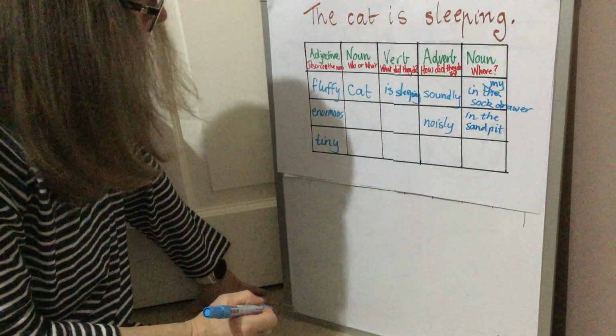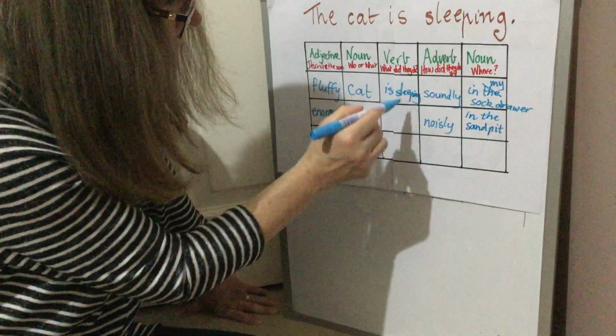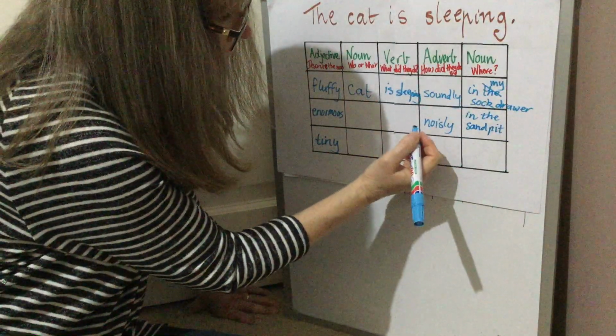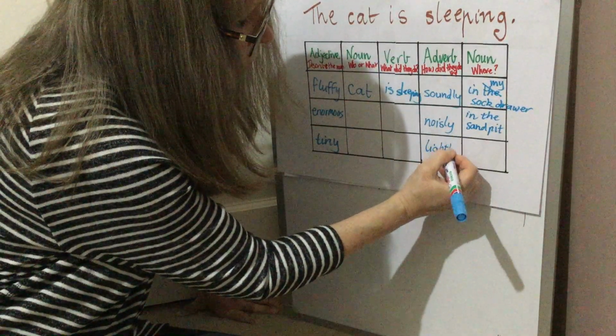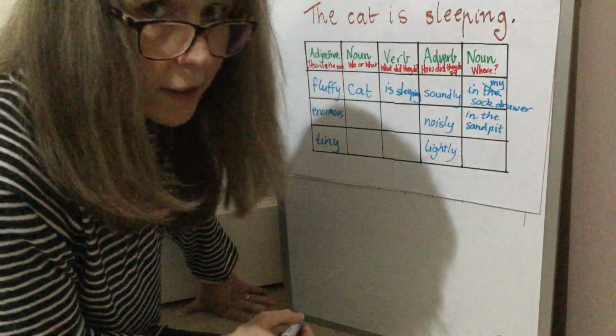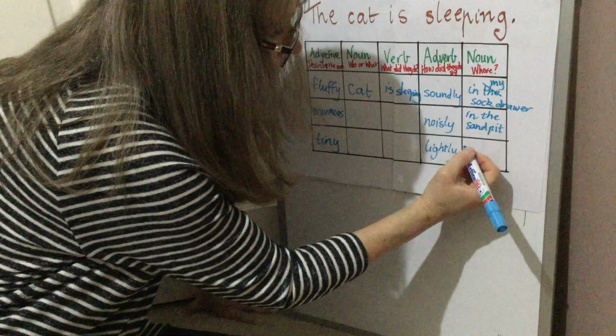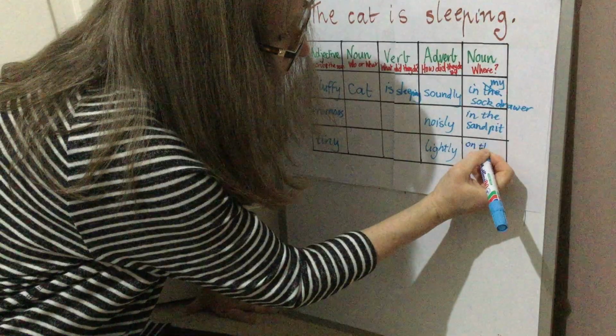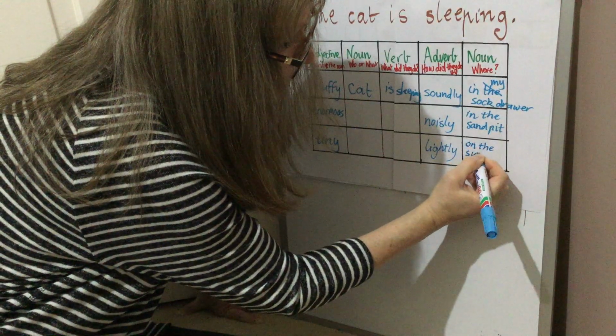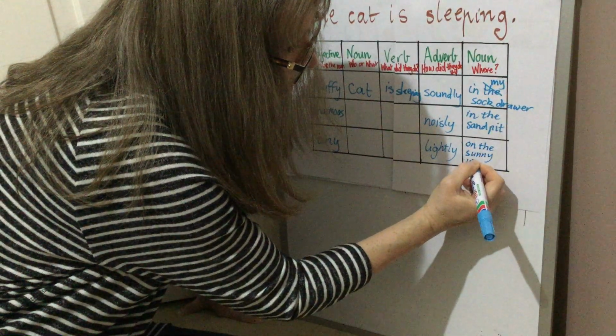And the last one, the tiny cat is sleeping lightly. So we know that it's sleeping lightly because it keeps moving around and its eyes keep opening. Lightly on the sunny windowsill.